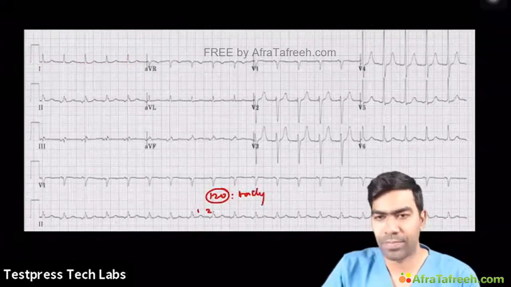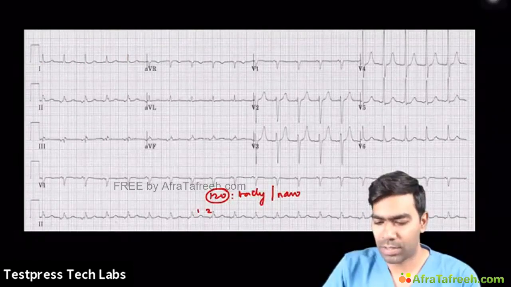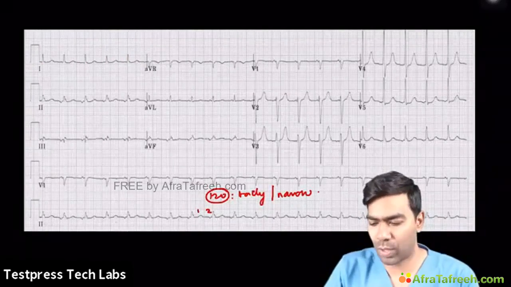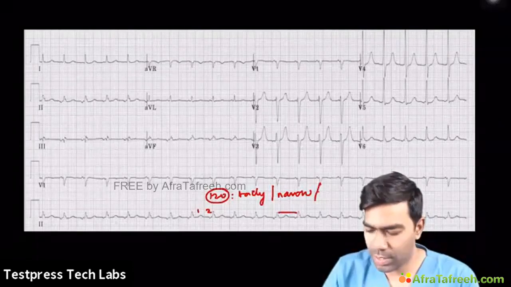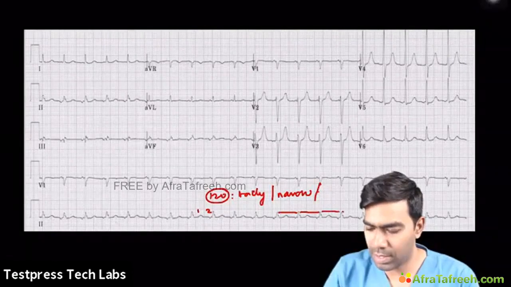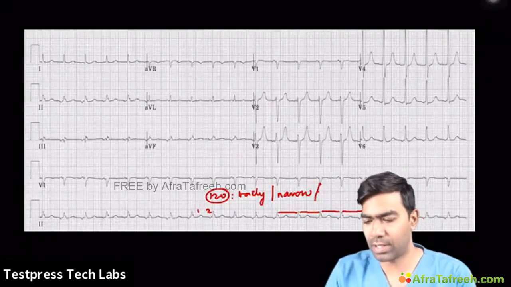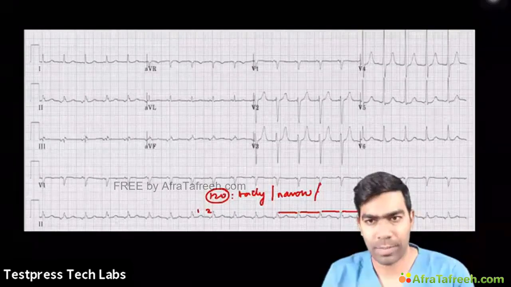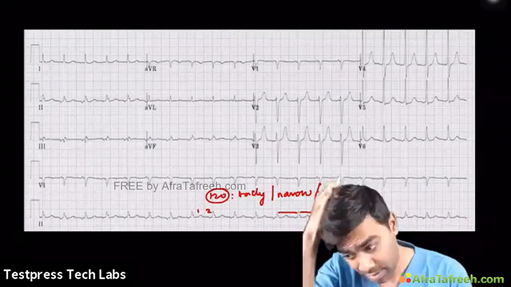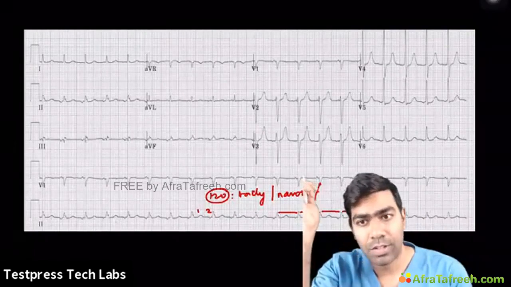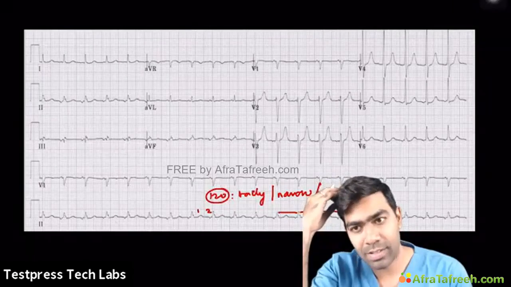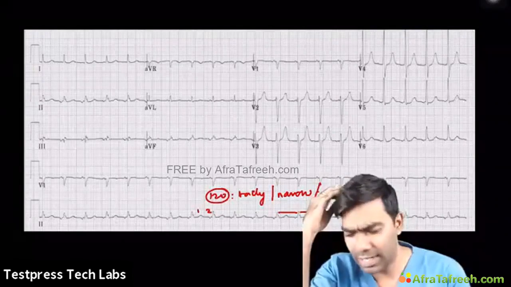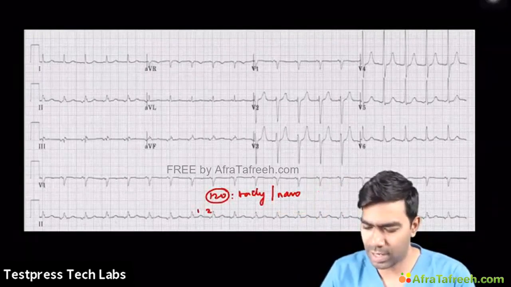So tachycardia, narrow complex. Then after narrow complex, what else? Regular or irregular? Let me see some 10 beats, at least 5 beats here. Regular or irregular? Why are people telling it's irregular? Okay, let us see the scale.